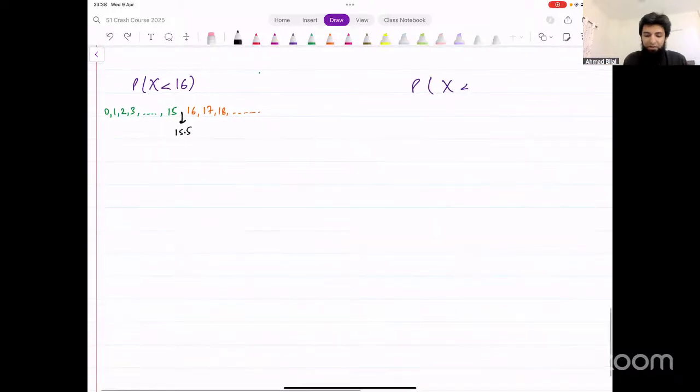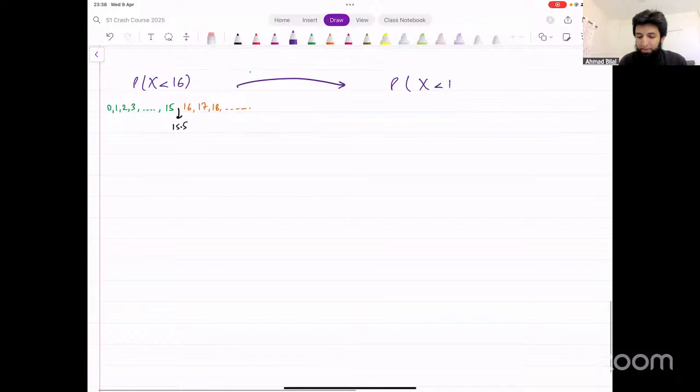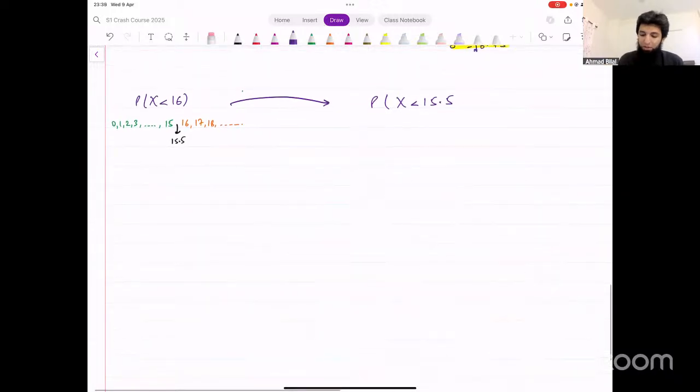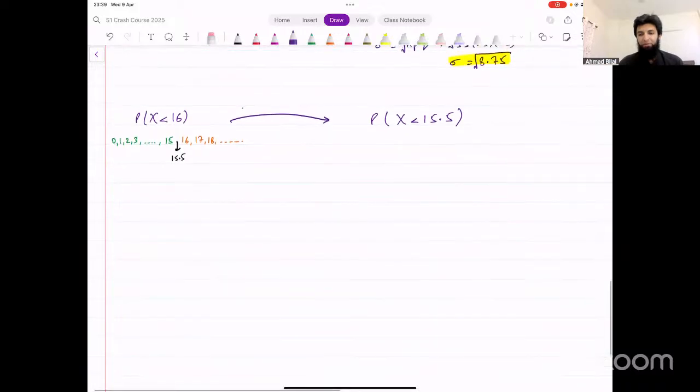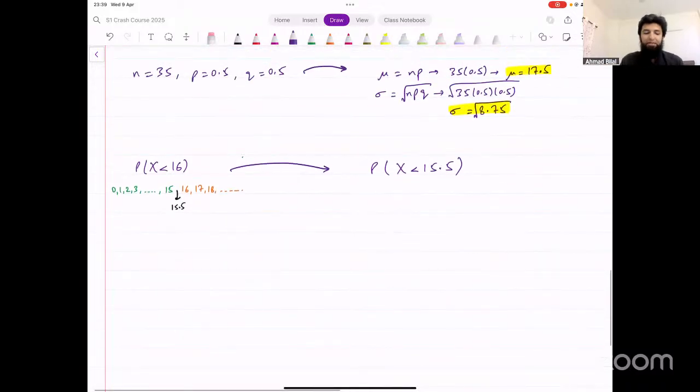So when we consider normal distribution, instead of finding the probability of x less than 16, we find the probability of x less than 15.5, so that any value that rounds off to 15, we are including, and any value that rounds off to 16, we are not counting. So in normal distribution, we would be calculating x less than 15.5, rather than x less than 16.